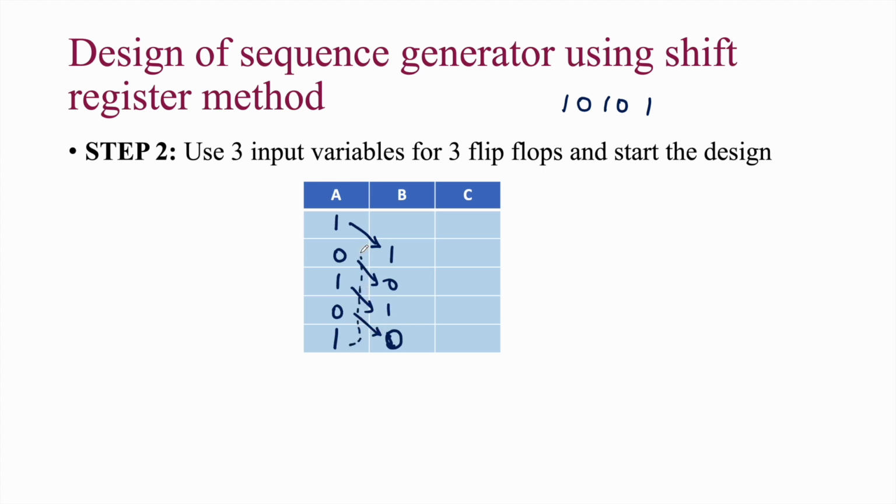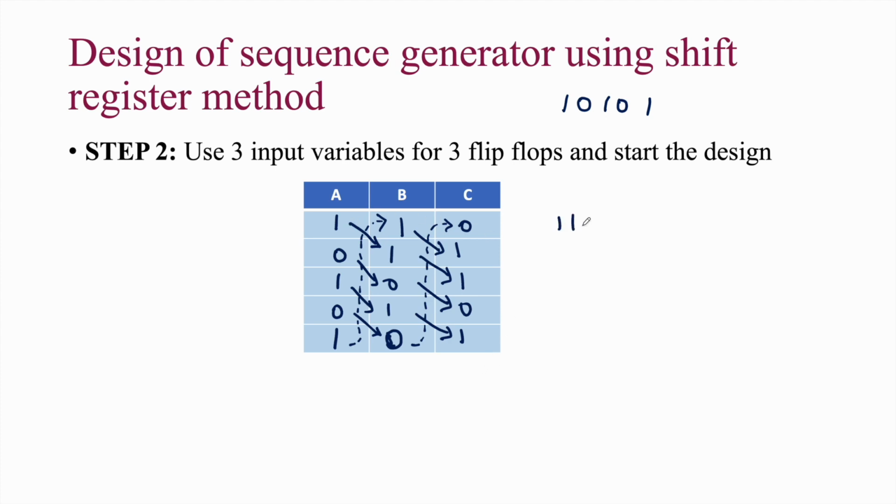This 1 goes here. Again, there is another flop, therefore we can go for another shift. Therefore, it is 1, 1, 0, 1. The 0 goes here. Now we have to check whether any of these states are repeating.